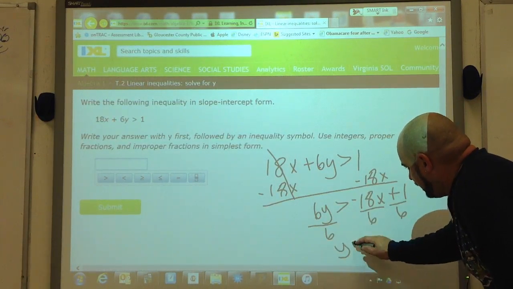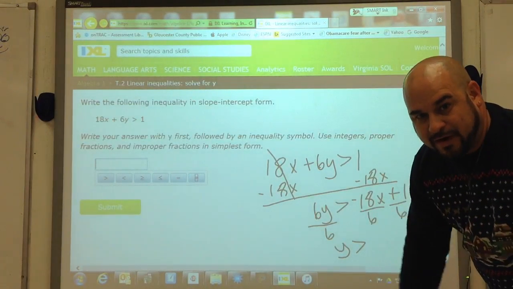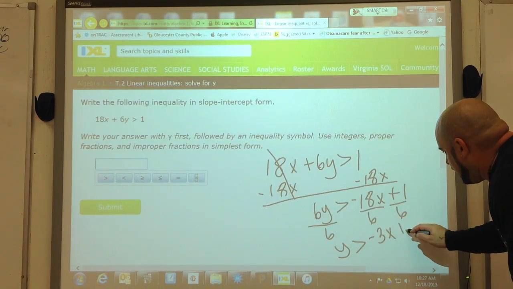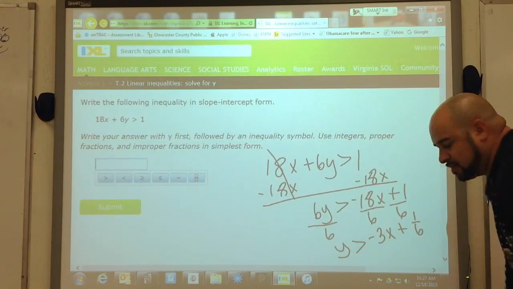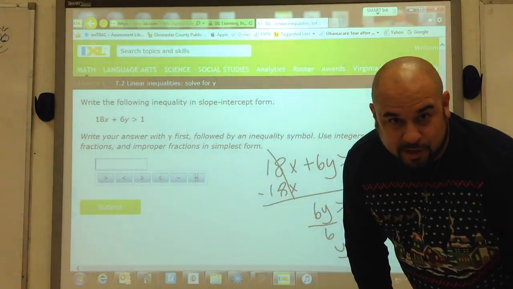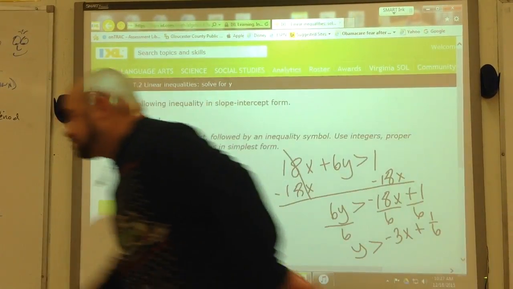So y is greater than, and anytime you get an opportunity to reduce a fraction, make sure you do. This is negative 3x plus, and I'm just going to leave this as 1 over 6. And I'm going to run to my handy dandy notebook, my laptop, and type it in. Be right back.